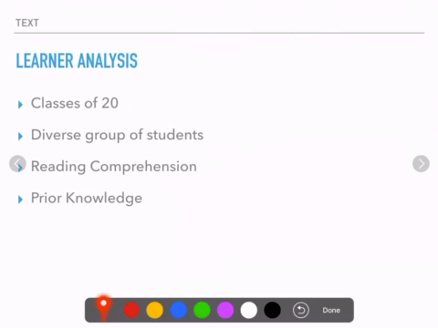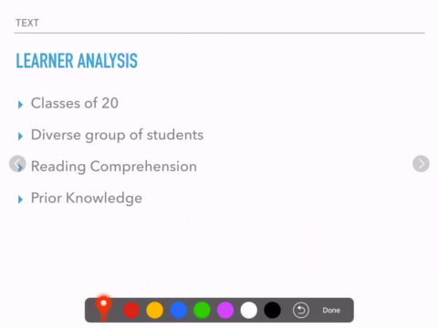So anyway, there's classes of about 20 students, so you have about 22 students per class. Sometimes it can be up to even 23 or 24, and sometimes it's even lower than that. They're very diverse, and what I mean by this is you have students who learn in all different ways, so it's important to consider which learning styles and preferences does each student have, and how can I adapt my instruction to conform to that.